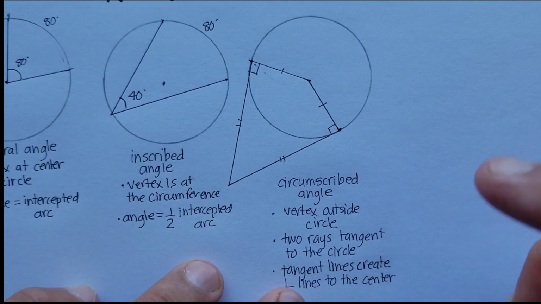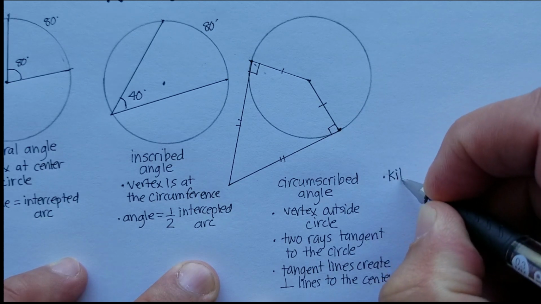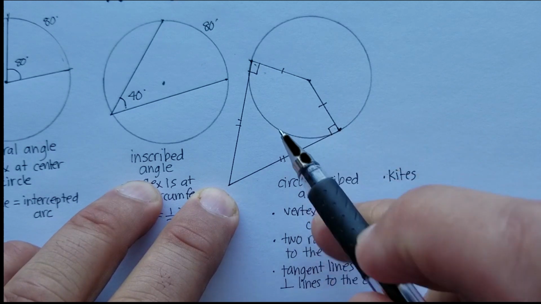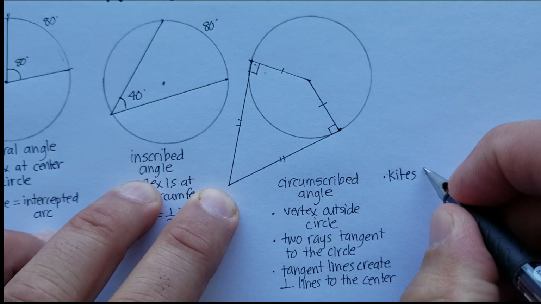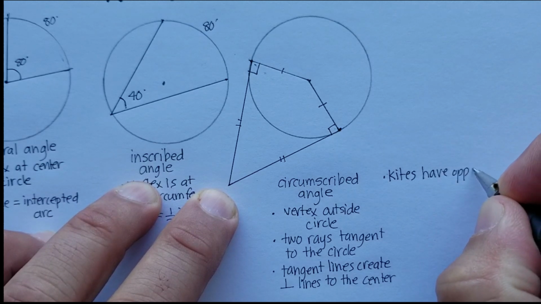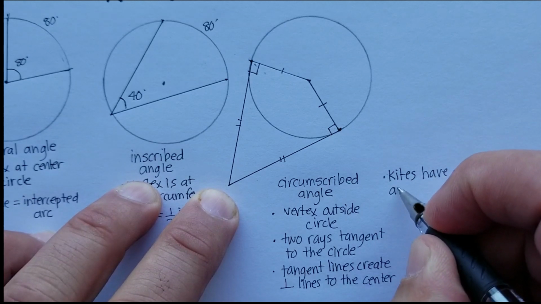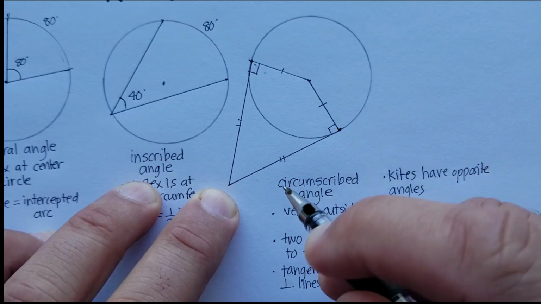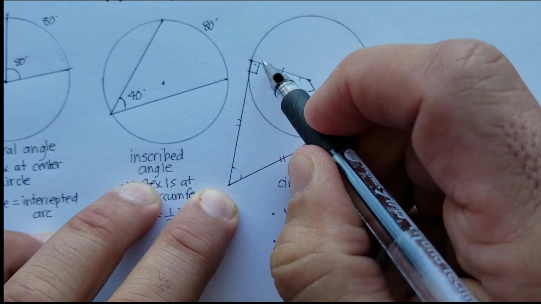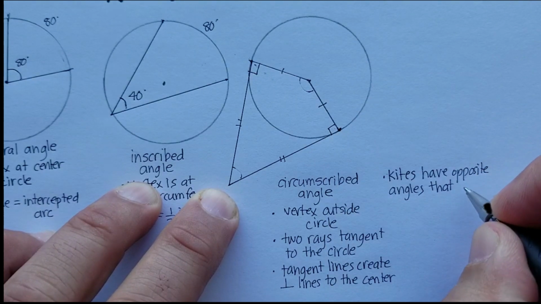So kites will always be formed by these tangent lines. Kites have opposite angles, so this one and this one, for example, that are supplementary.